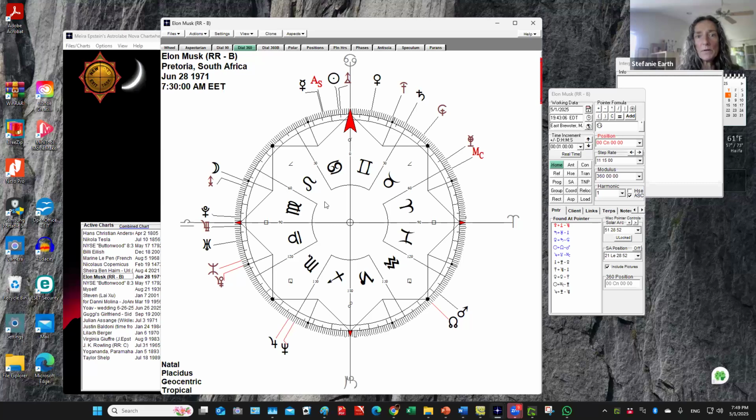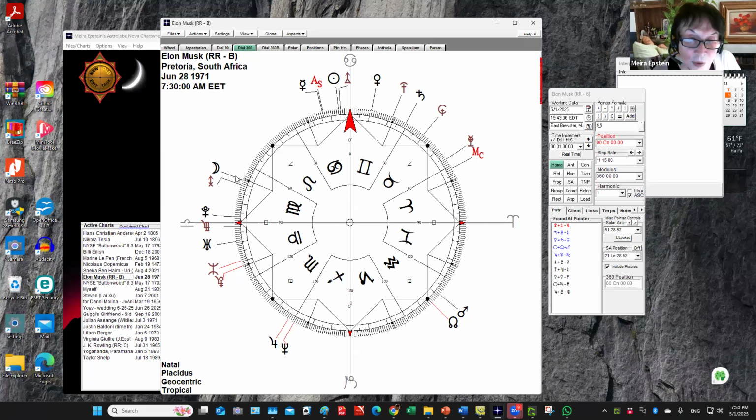The moon, for example. Wait. I need to point. Yeah, I'm sorry. Thanks, Stephanie. Yes. The moon is on the semi-octile, the 22.5. You see that? This means that the moon is also connected. So now we have the moon with the node, with the Aries point, three-way connection. You see what I'm saying?